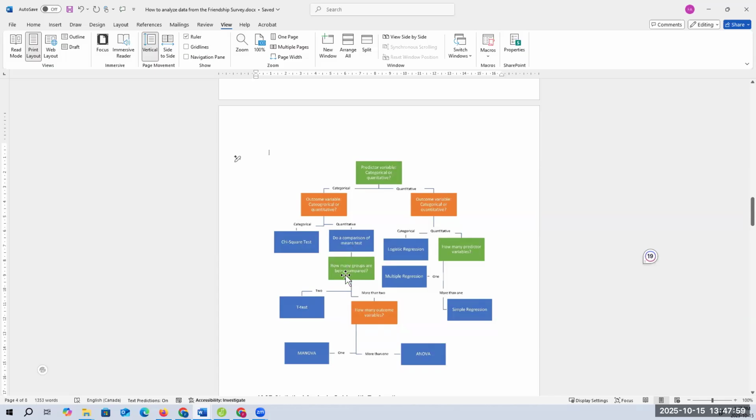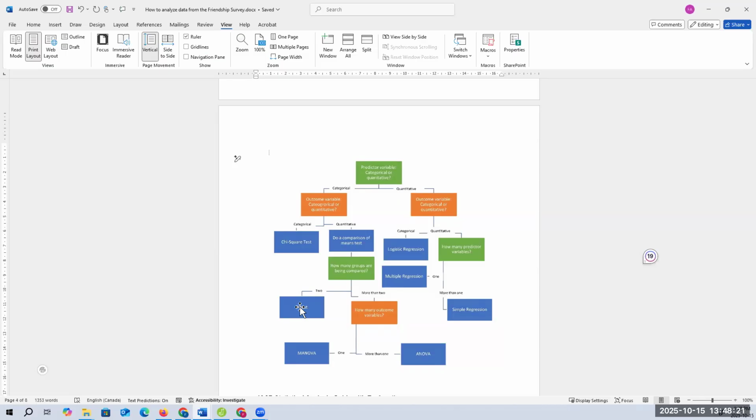How many groups are to be compared? So if you're comparing only two groups, for example, third year versus fourth year in terms of level of stress, stress being a numeric variable, you would use a t-test. And more than two, you can have paired or independent, but that's another thing.